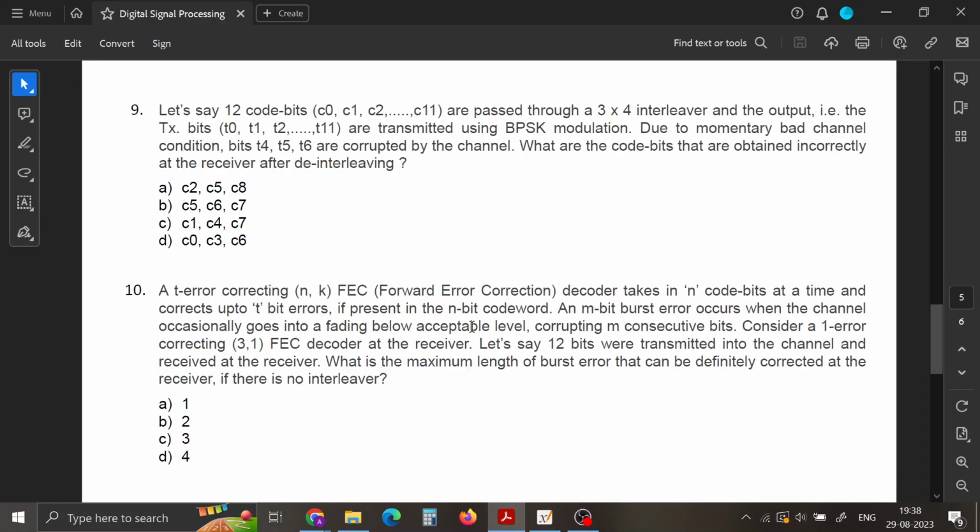Now we have the ninth question. Read the ninth question. It's based on the interleaver concept.